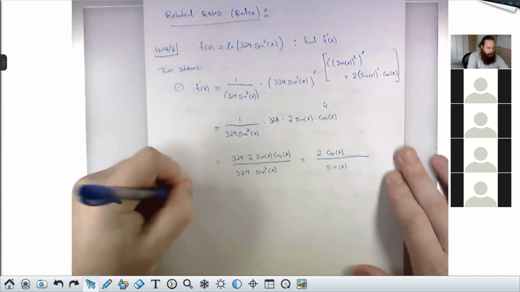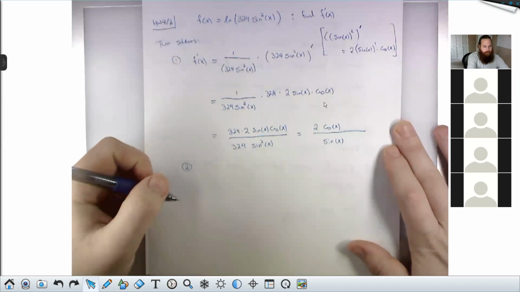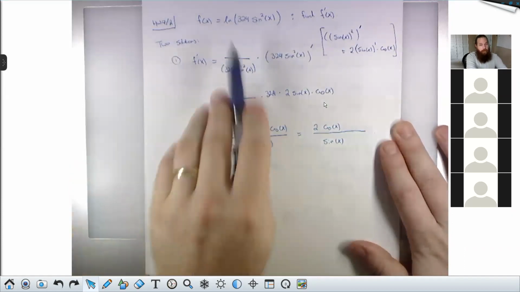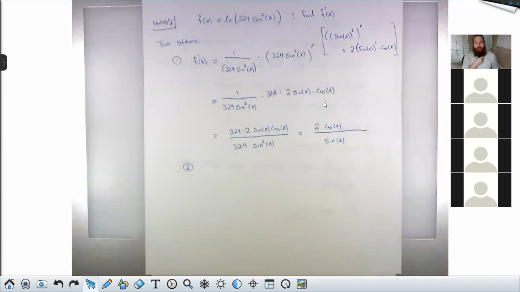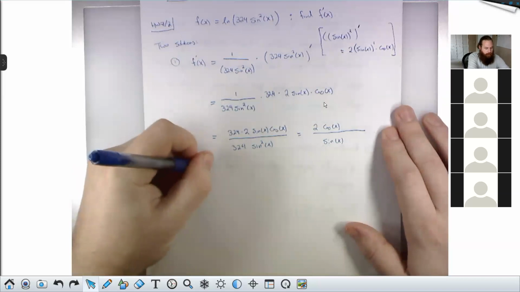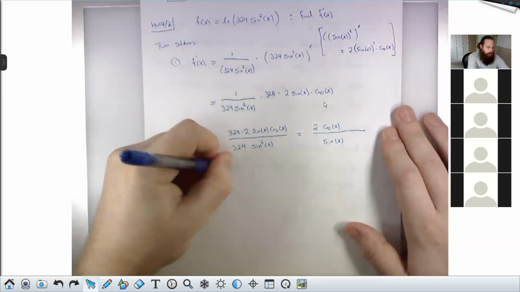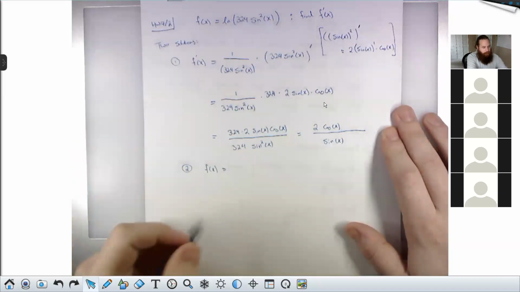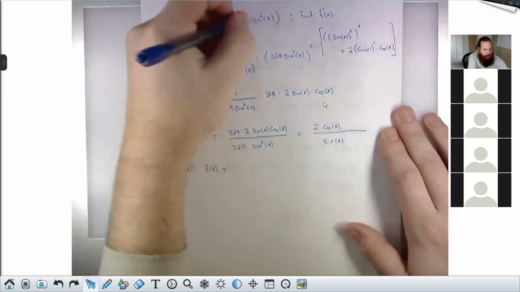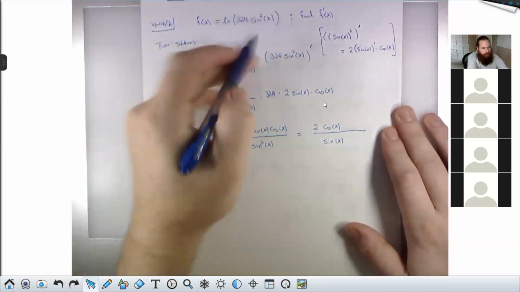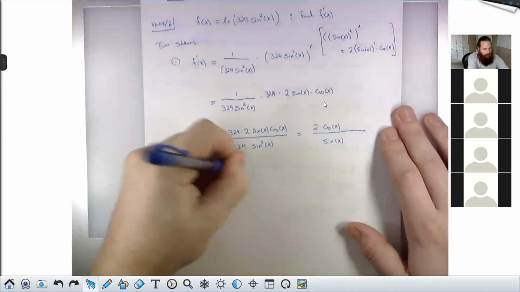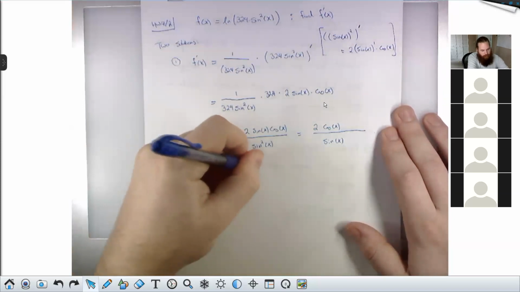The other solution, remember what we were talking about, is logarithmic differentiation, where if you want to differentiate some nasty thing, you take the natural log and then expand as much as possible before you start differentiating. So if I wanted to, I could split up my function before I start differentiating. The natural log of 324 times sine squared x, I'll rewrite it down here.